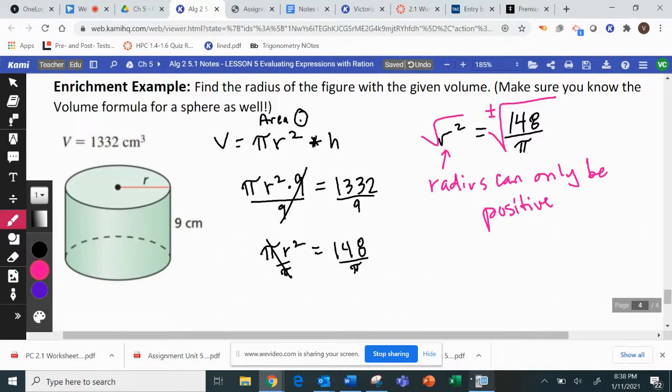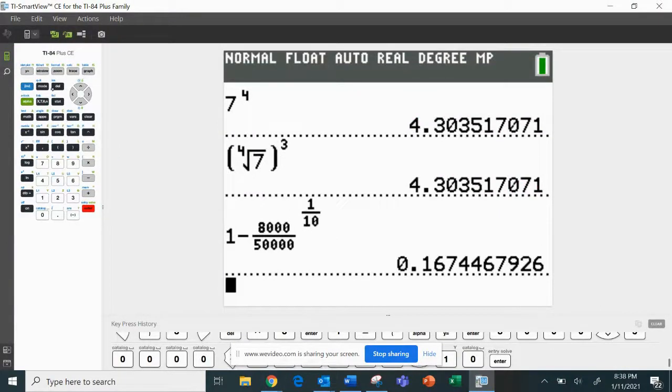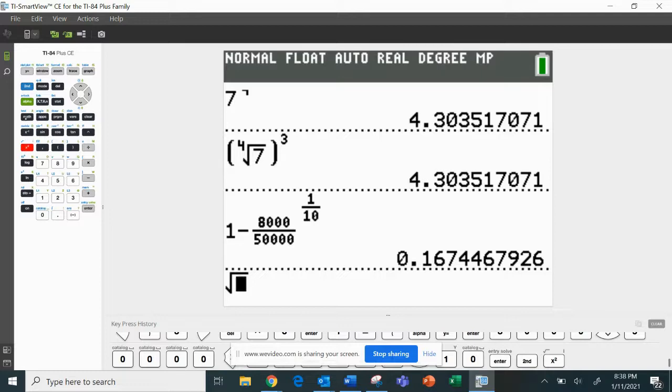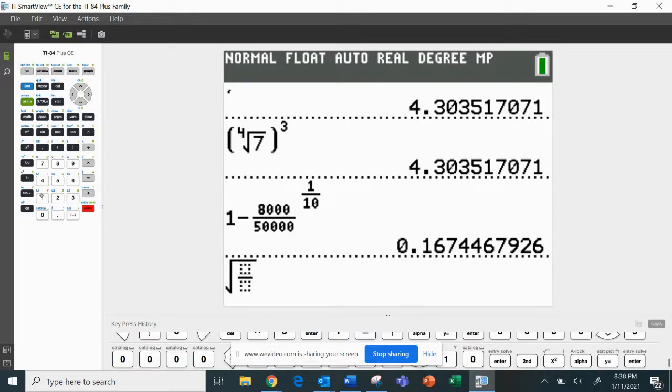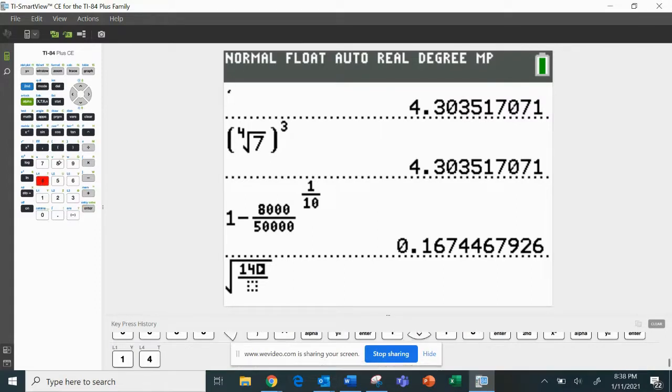So this is what I'm going to type in my calculator. How about I type it in here? Square root. And then I've got a fraction. And it was 148 over pi.